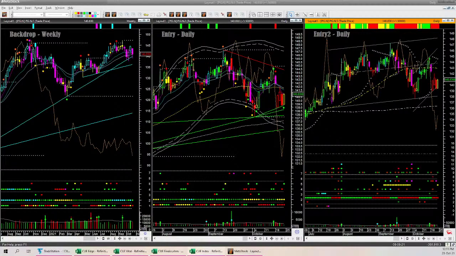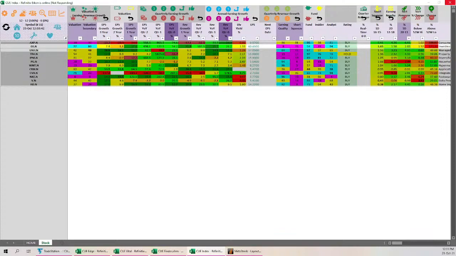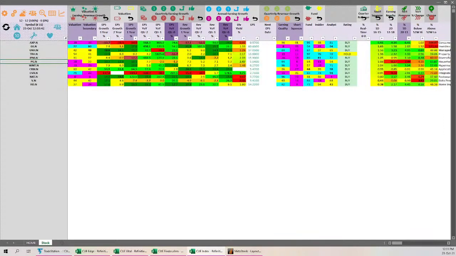But still, let's look at its fundamentals. Let's go back to index, Procter and Gamble. Well, fundamentals are not great. Let's look at it using Q Vital.